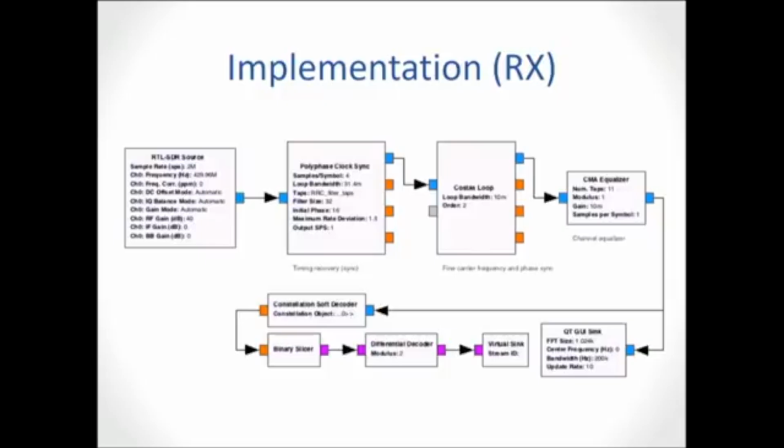And the CMA equalizes the signal to get a constant modulus or amplitude. And we pass the symbols through a binary slicer, which just converts the output to ones and zeros depending on whether the input was greater than or less than 0.